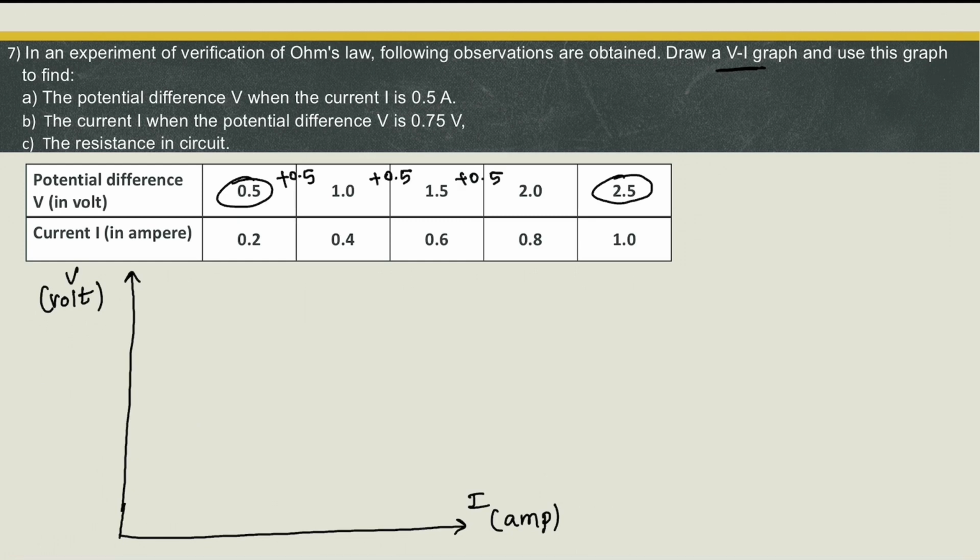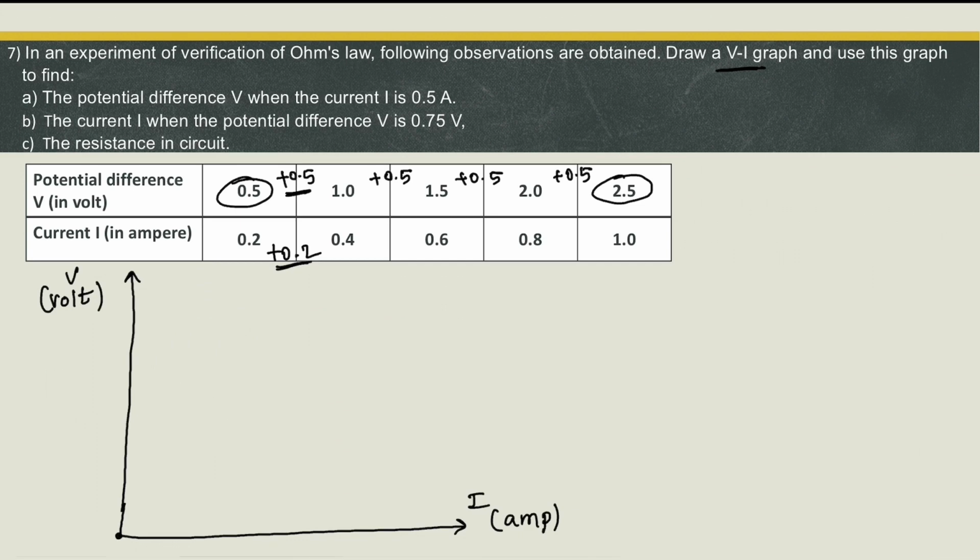Likewise, we keep on increasing potential difference by 0.5. Okay, so if you see the corresponding value of current, there is uniform rise in the current. So every time when we increase the potential difference by 0.5, the current increases by 0.2.